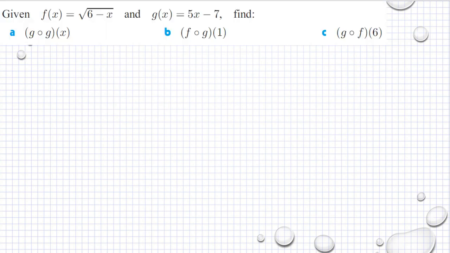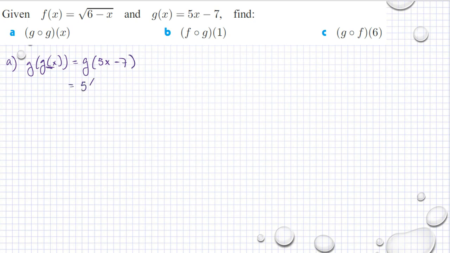Another example, we have f of x is equal to the square root of 6 minus x, and g of x is equal to 5x minus 7. For a, we're going to find g of g of x. Our g of x is 5x minus 7, and we do that one more time.